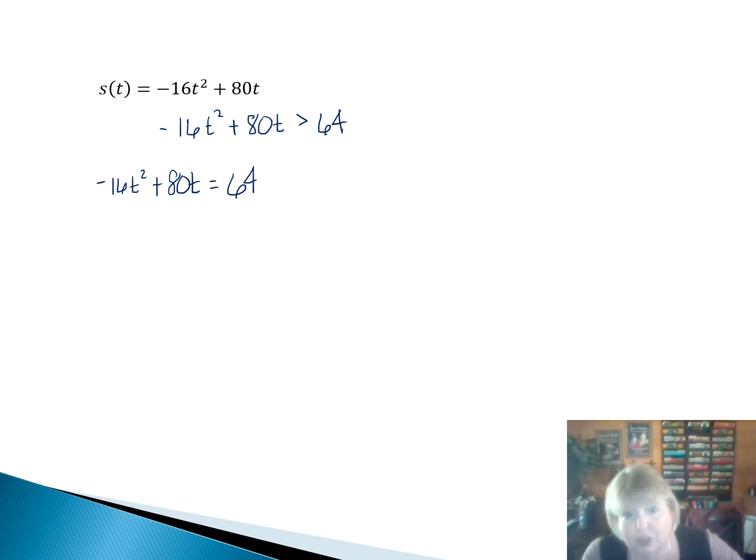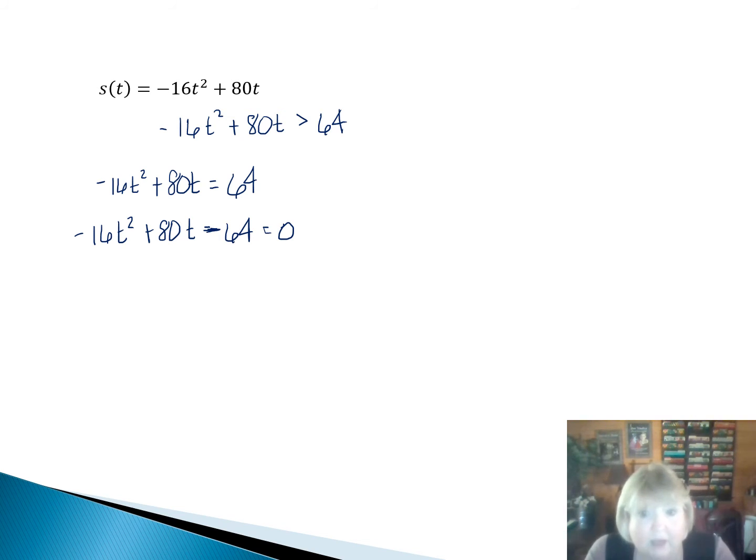And how would I solve this quadratic? Well, the first thing I would do is set it equal to 0. Negative 16t squared plus 80t minus 64 equals 0. And the next thing I'm thinking as I'm rewriting it, is that I think I've got a common factor that I can take out.